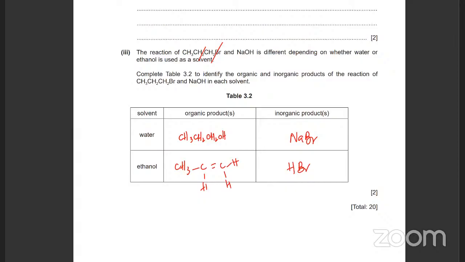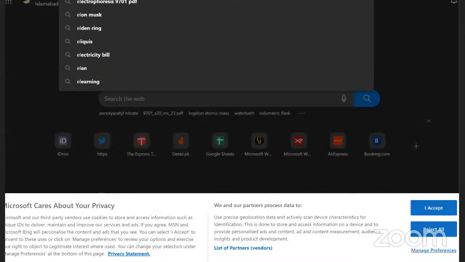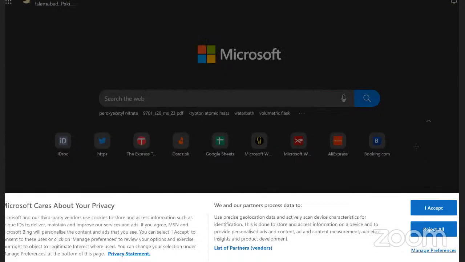Let me check. I mean, the book has HBr. Let me just check somewhere.